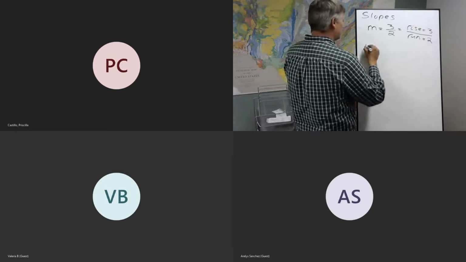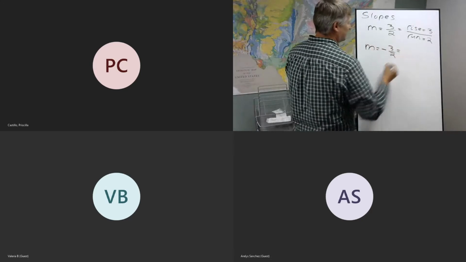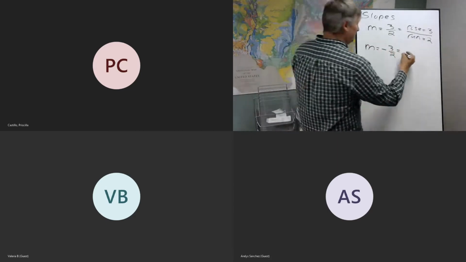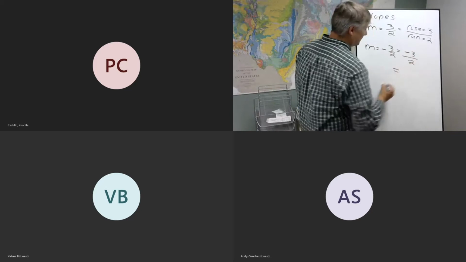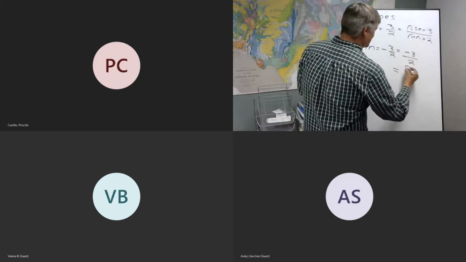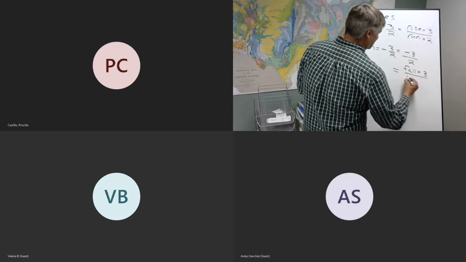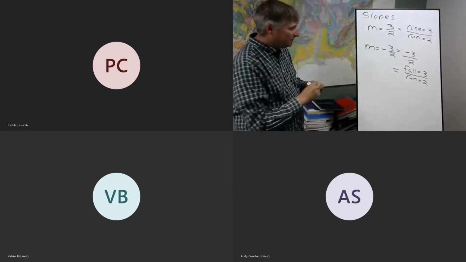If m is -3/2, we always place the negatives on the top number. So with a negative vertical change, this is a fall of 3 and a run of 2.